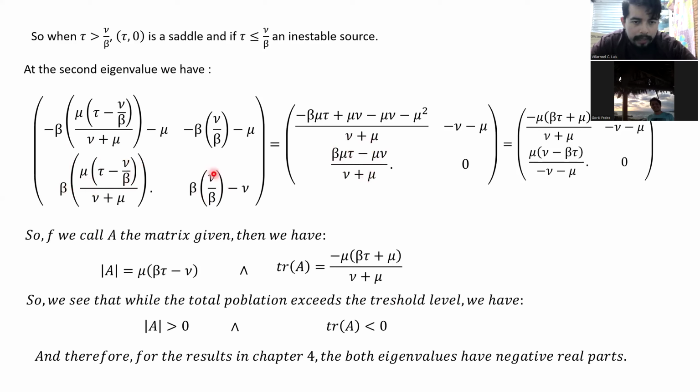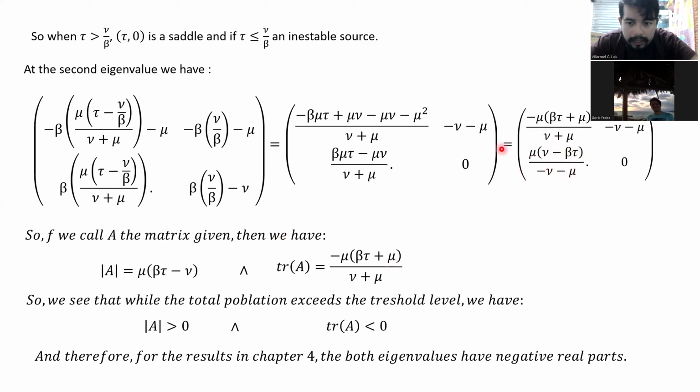And in the last component, we easily check that this is 0. So this matrix is equivalent to minus mu times (b tau plus mu) over (b plus mu), minus b minus mu, times (b minus beta tau) over (minus b minus mu), and 0.